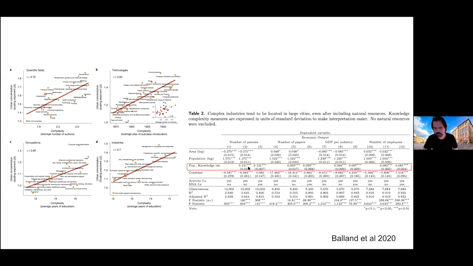And we find that these interaction terms are all positive and significant, meaning that the scaling of population is more superlinear, in this case the coefficient goes up by 0.12, when you are in the presence of a more knowledge intense activity, okay?